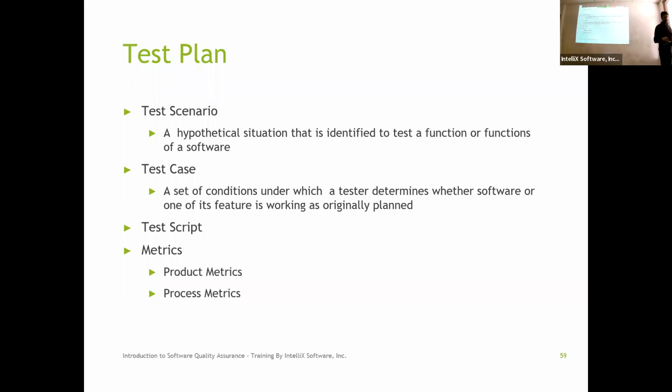It also contains a different aspect: how many scenarios I'm going to write, and what high-level test cases. Scenarios are essentially a hypothetical situation that is identified to test a function or functions of the software together.